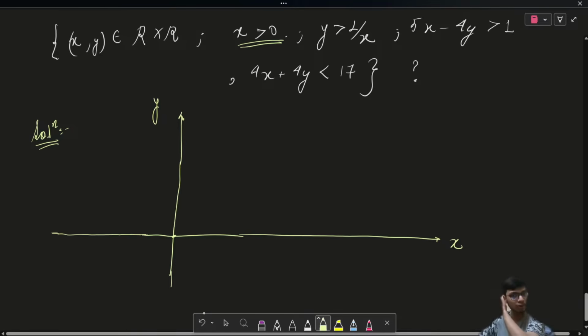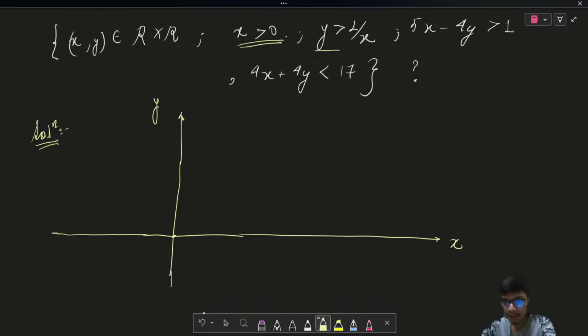And if I plot the second curve, that is y greater than 1 upon x. The curve y equal to 1 upon x is a rectangular hyperbola, which is something like this. The region we are interested in is y greater than 1 upon x.